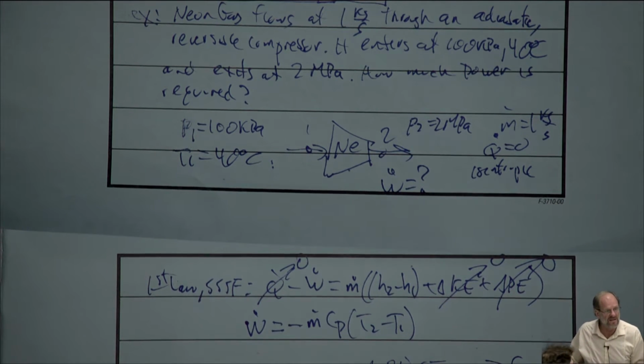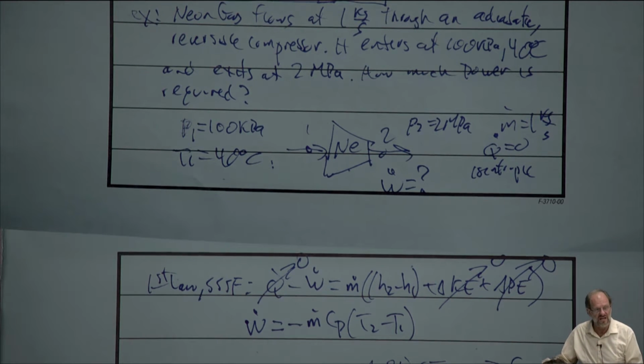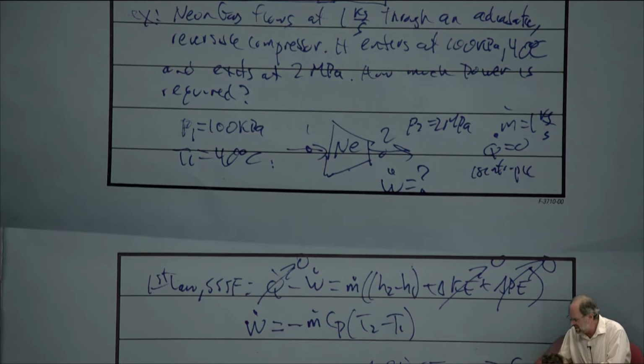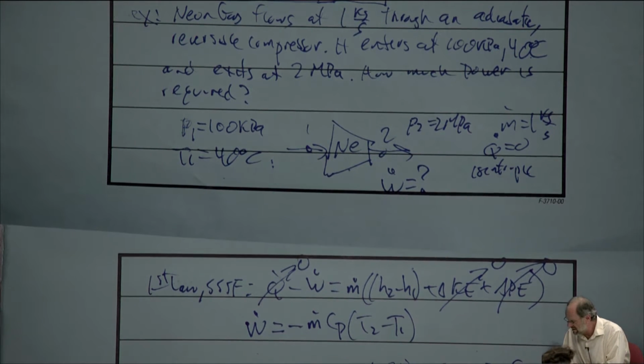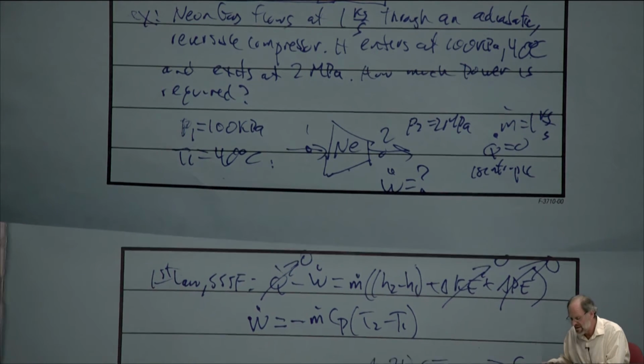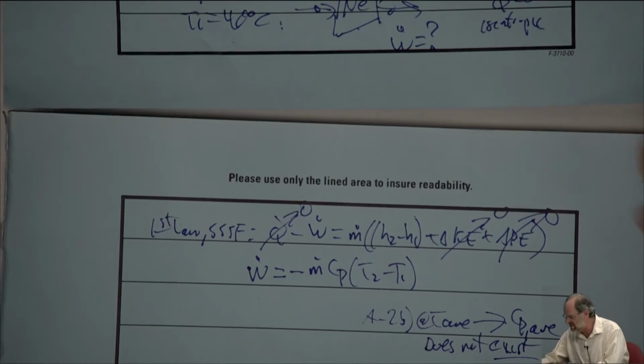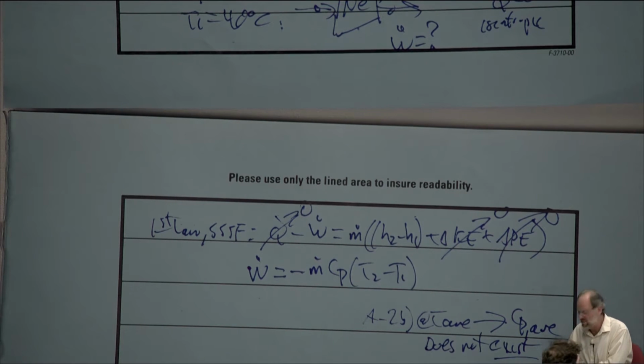But what you'll find is that even if we wanted to do this, when you go into table A2 part B, it doesn't have any data for neon, right? Table A2 part B only has 6 gases, and neon is certainly not one of them. So it doesn't exist. So the fact that it does not exist means that we can't really use that.